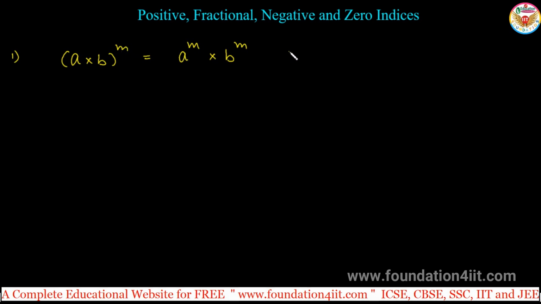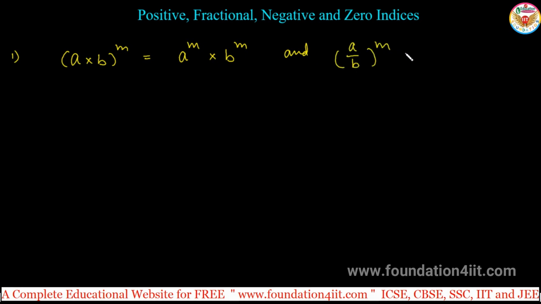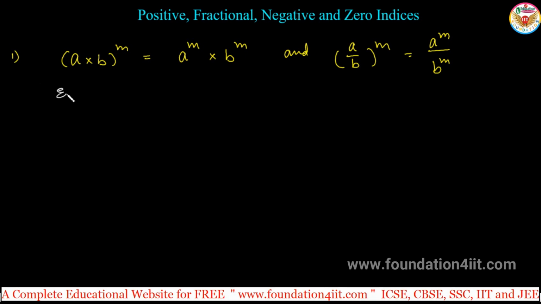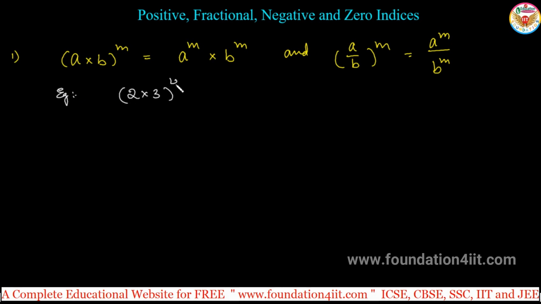Remember this. And similarly, even division, like a divided by b whole to the power m, that is a to the power m by b to the power m. Right. So this is the method. For example, let's take 2 into 3 whole to the power 4. We can write this as 2 to the power 4 into 3 to the power 4.